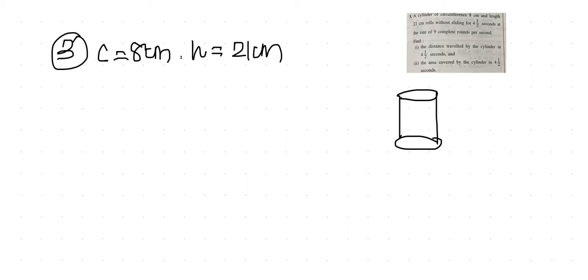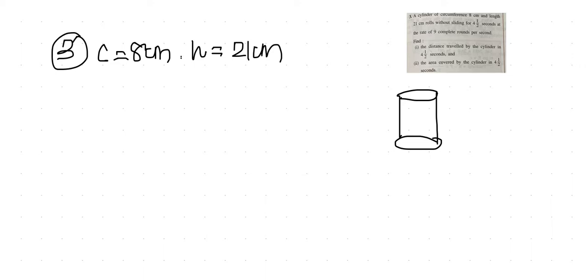So it is understood that in every one turn it will be covering its curved surface area. So how much area it is covering in one complete revolution or rotation, that you have to calculate, and from there you can calculate how much area it can travel in 9 complete rounds.